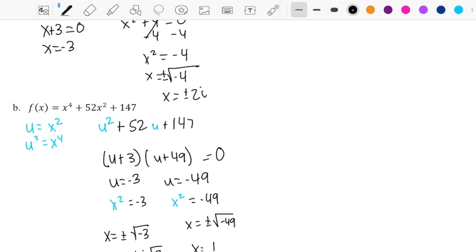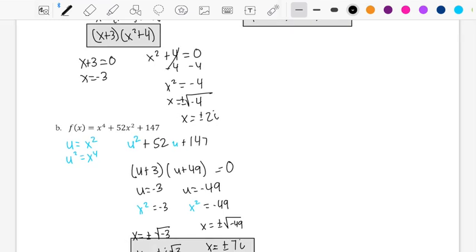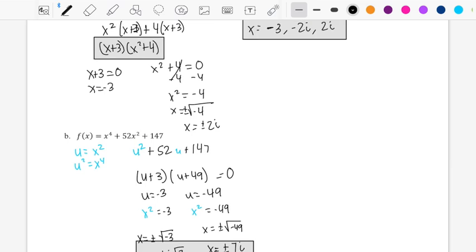And then this one would be plus or minus, now, 49 is a perfect square, so we're going to pull our 7 out, and we're also going to pull our negative out as an i. So our 4 solutions here, they are all complex in this case, are plus or minus i root 3 and plus or minus 7i. But it does want us to have it in either linear or irreducible quadratic factors.